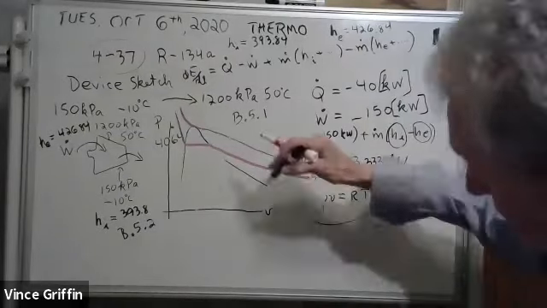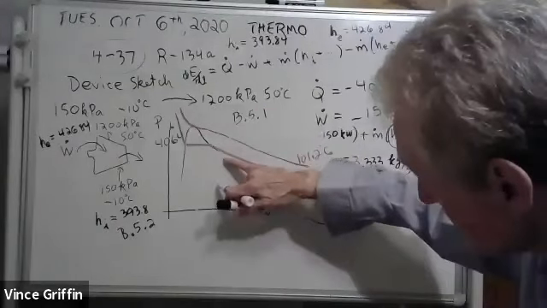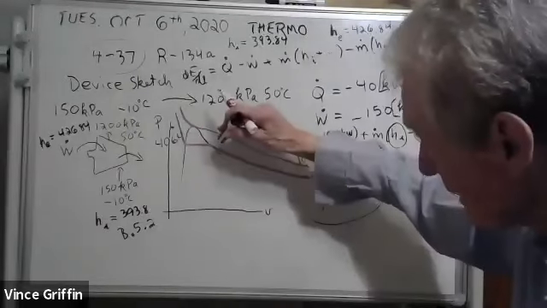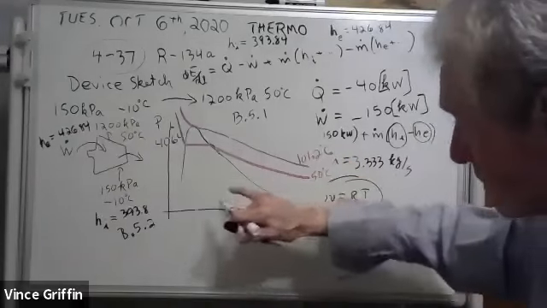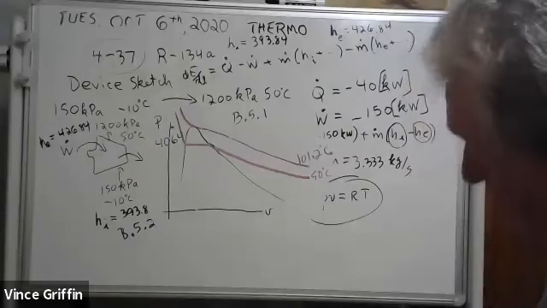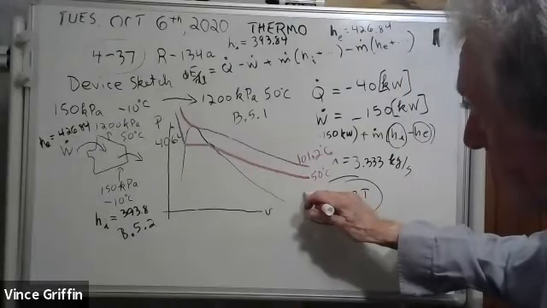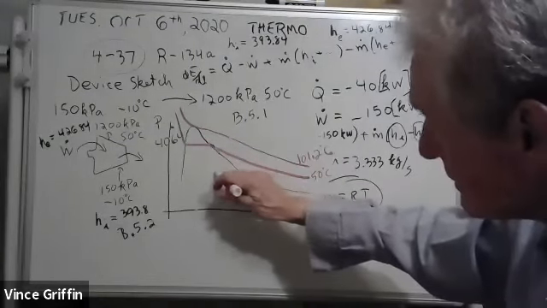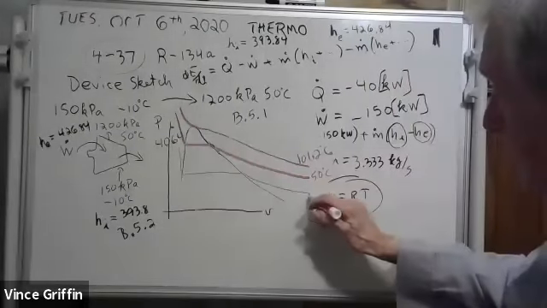Let me find room to put it. I'm trying to make up for the bad job I did on that PV diagram. Now here's the minus 10. There's your minus 10.